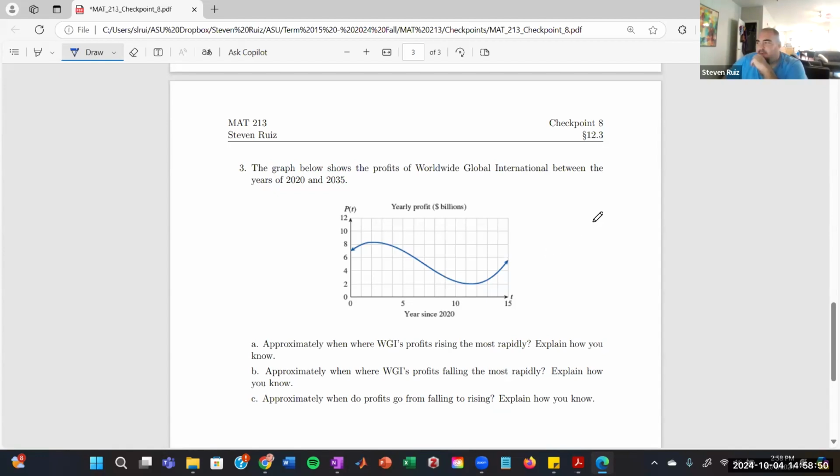So what's going to tell me that? So this function is called P. What is going to tell us where this thing is rising and falling most significantly? So A and B are about that.